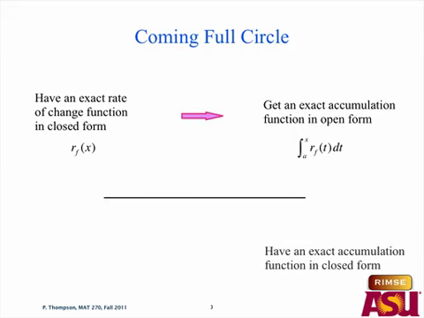And then we said, okay, what if we started with an accumulation function? We used the open form of rate from accumulation, which was f of x plus h minus f of x, right? Rate of change in y over change in x.